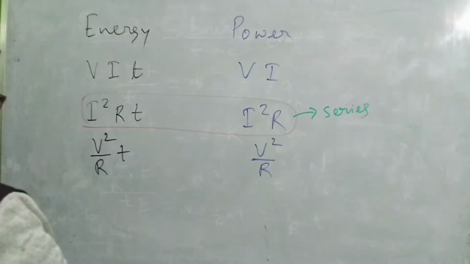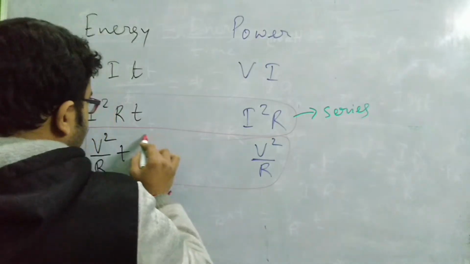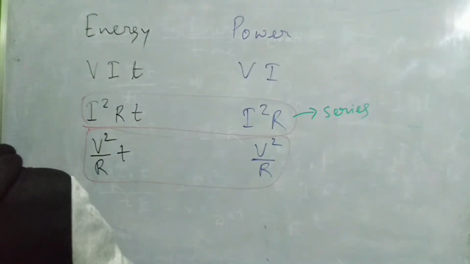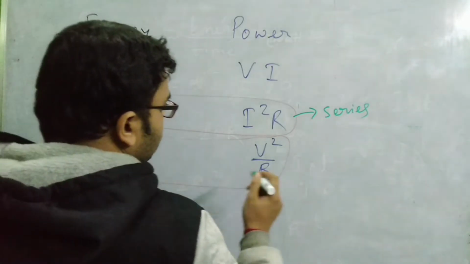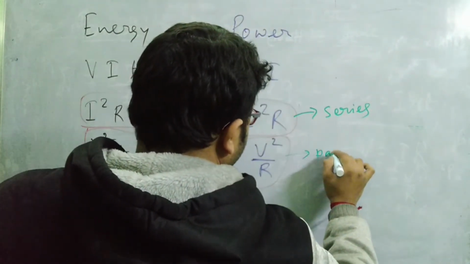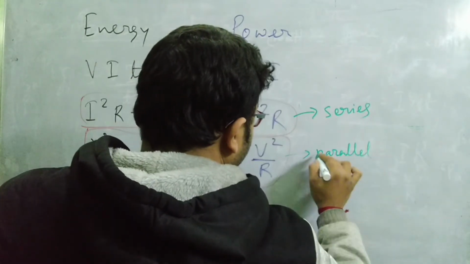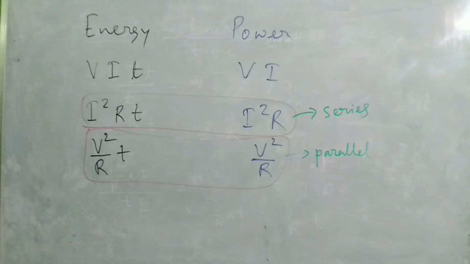And when the connection is given as parallel, the combination of parallel resistors, we use the last formula, the third formula, for the calculation of energy and power. So the third equation is for parallel connection. Okay, it will be easier for you to calculate the values if you follow this convention. Fine.